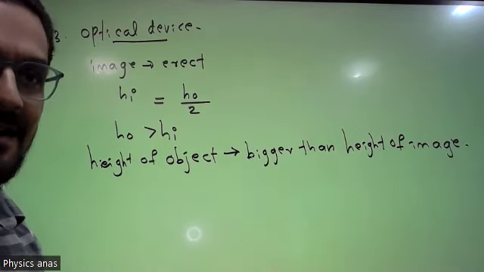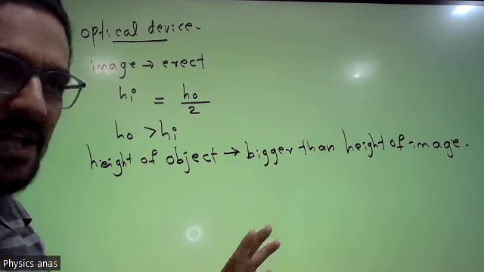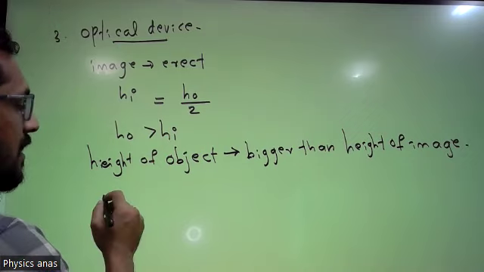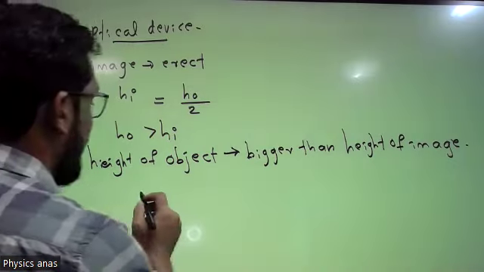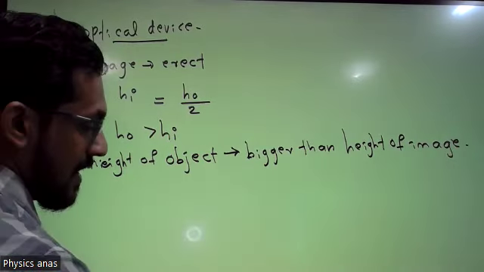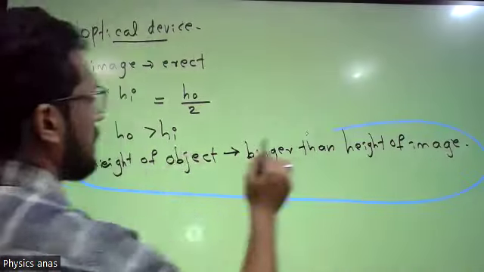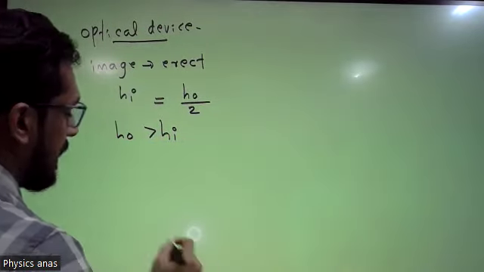Can you understand this part of the answer? Then that will be a convex mirror. Image size is lesser. I will just write it like this: image size is lesser.